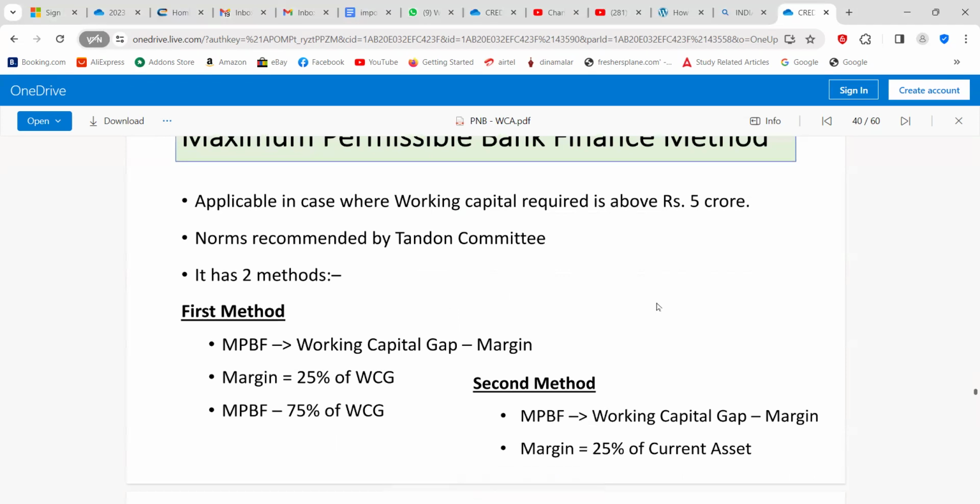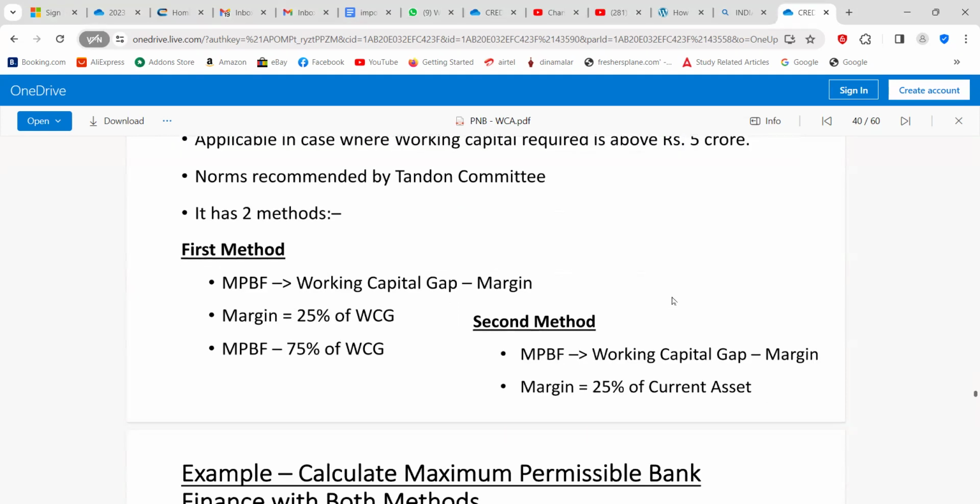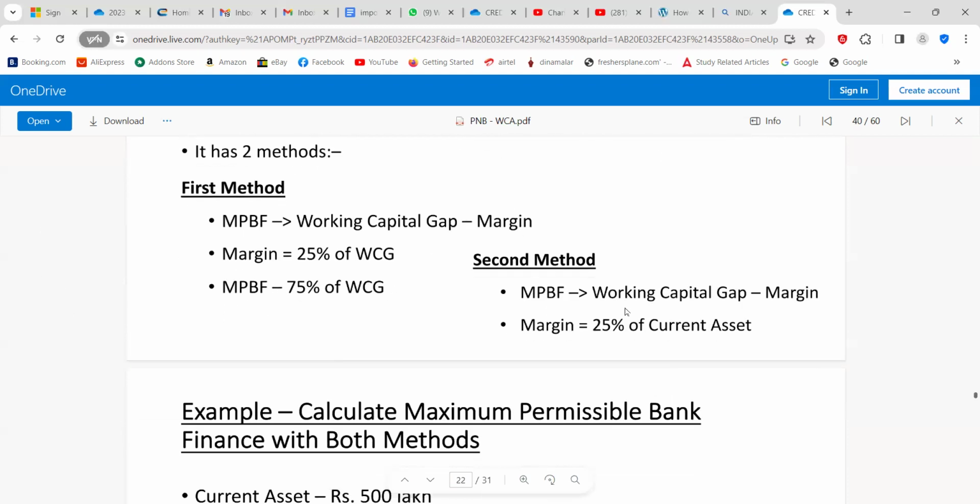Continue quickly. Norms recommended by the Tandon committee. It has 2 methods. First method: MPBF is working capital gap minus margin, where margin equals 25% of WCG. So MPBF is 75% of WCG. And second method: MPBF is working capital gap minus margin, where margin equals 25% of current assets.